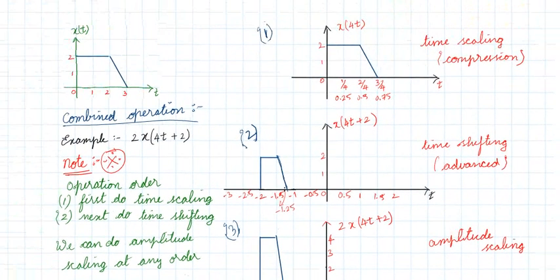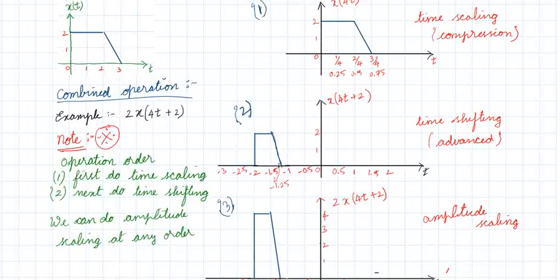So again, I will explain. If x of t is given, in competitive exams the questions are mostly like this, a combined operation, so you have to be very cautious. We have two things: one is time scaling, the other is time shifting. First do time scaling. Whatever value is next to t, take that value and divide the time axis. If it is 4, divide all the values by 4. So time scaling is over.